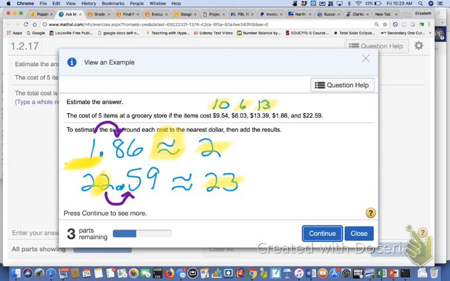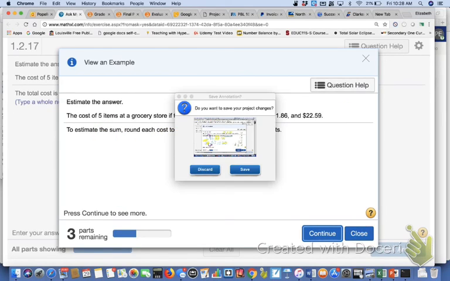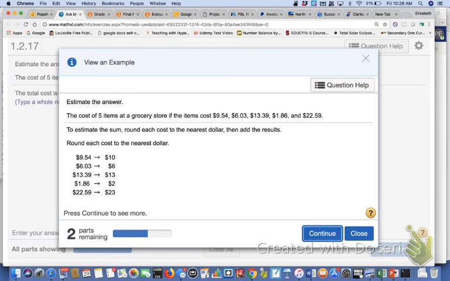If I look at what the directions tell me to do, it says add the results. So I'm going to add all of those numbers together to get my final solution. If I've added correctly, I should get $54. And the good thing about the example problems provided by the book is that I can hit continue.